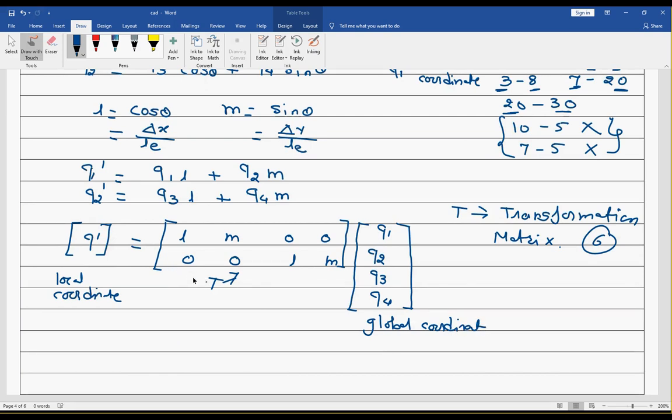So what this transformation matrix does is convert the global coordinate displacement into local coordinate displacement, because we are going to derive the stiffness in the local coordinate system. Okay, so it converts the global coordinate displacement vector into a local coordinate displacement vector. So just let me know whether you have understood this or not.